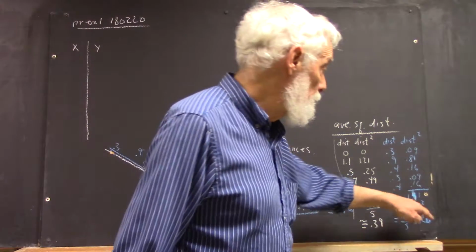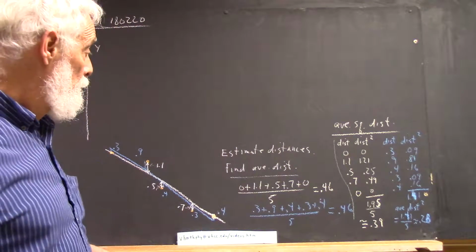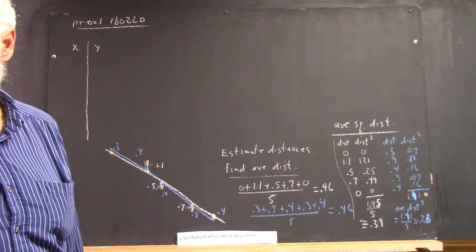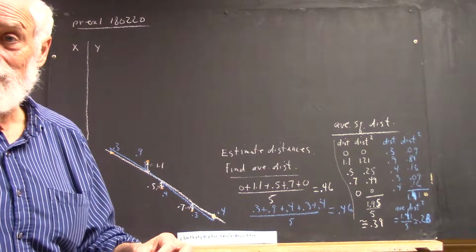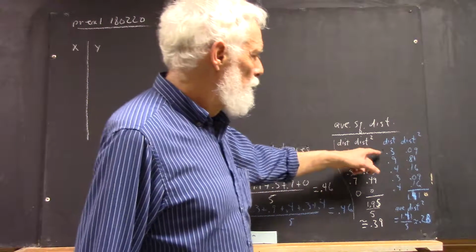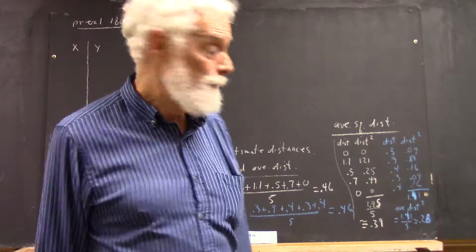Now, how did the sum of the squares get smaller when the average distance was the same? Well, it's because, look at what happens. When I square the small numbers, they get tiny, don't they? Okay?